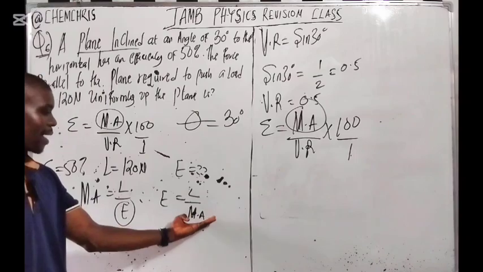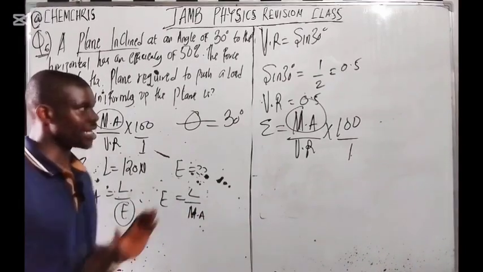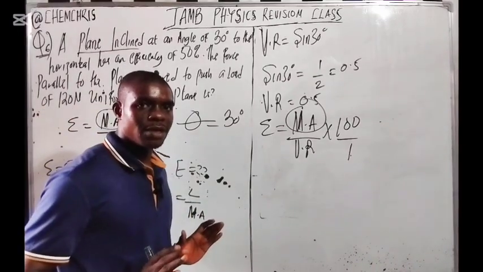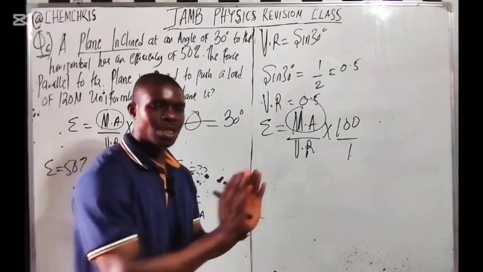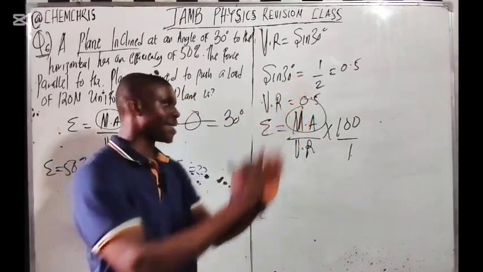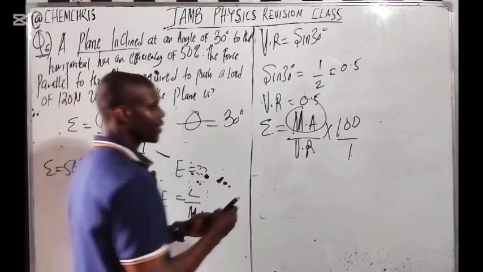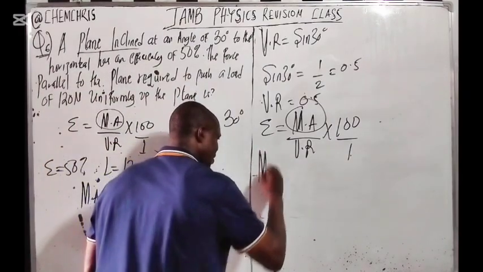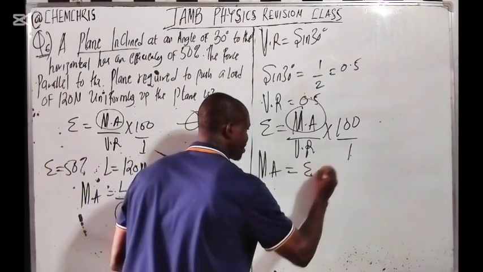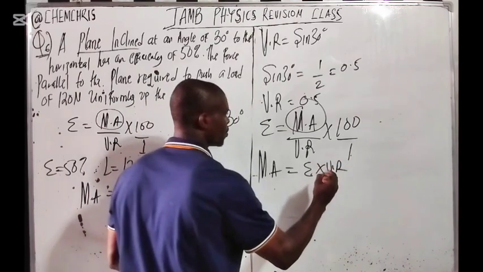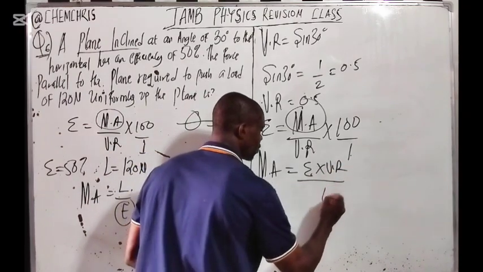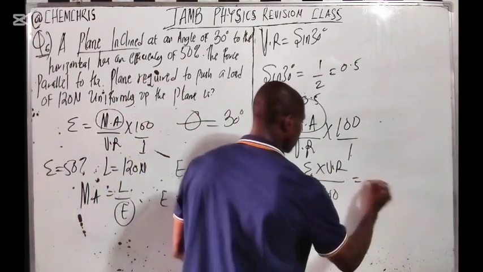From there, I can apply it to get my effort, because they ask for the force used to push the load. So if you make mechanical advantage the subject of the formula, mechanical advantage equals efficiency times velocity ratio over 100, right?